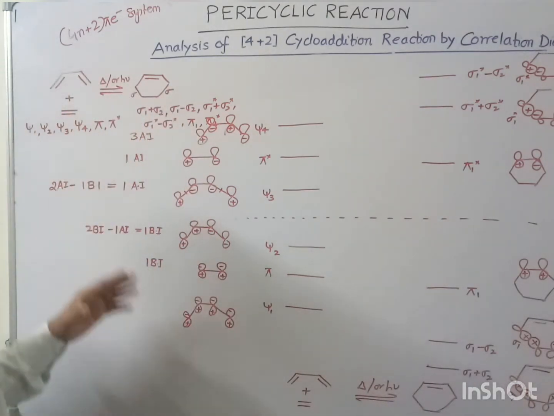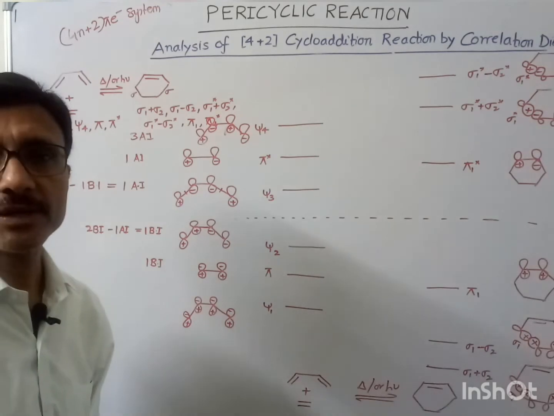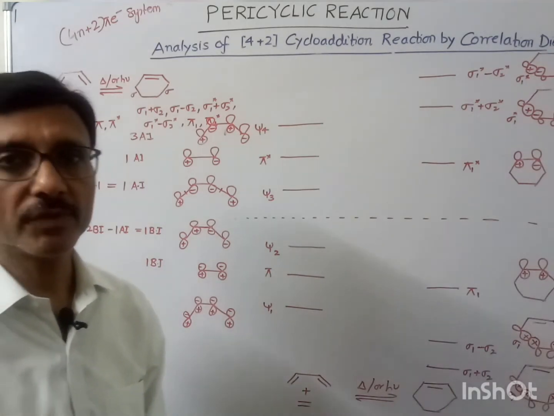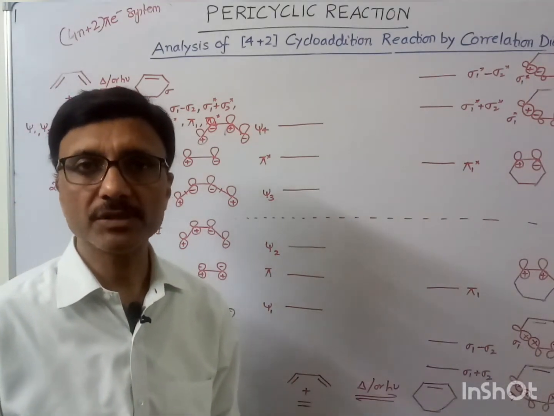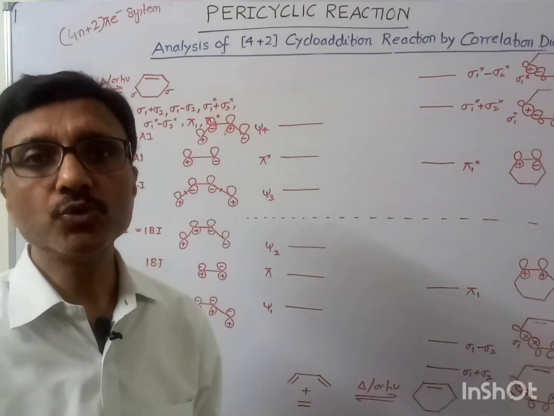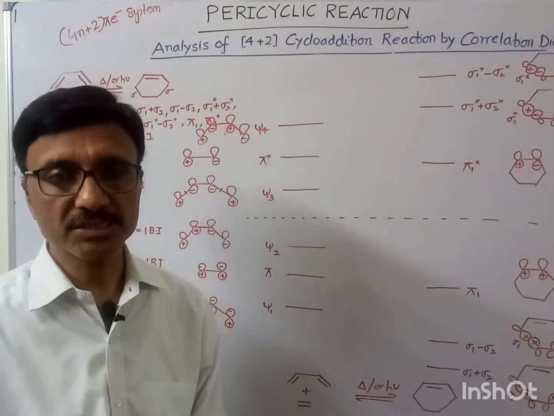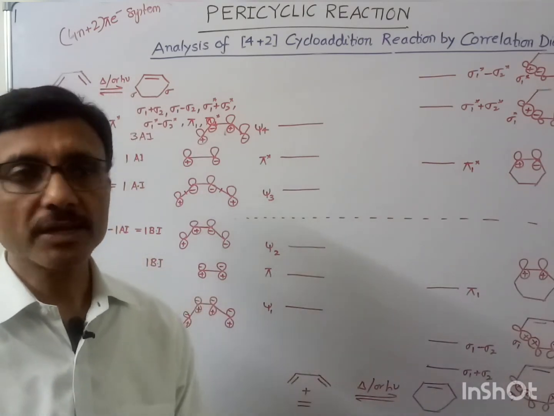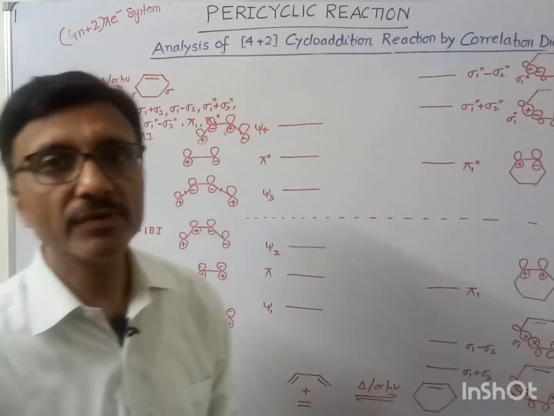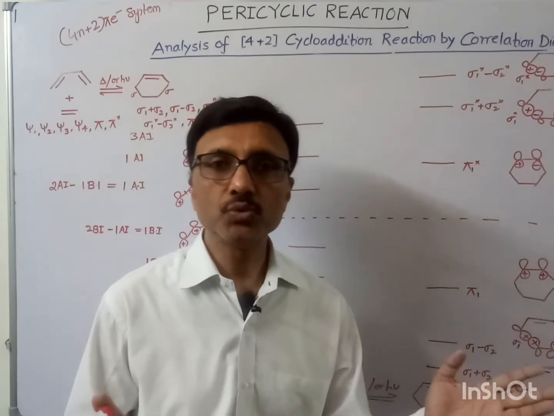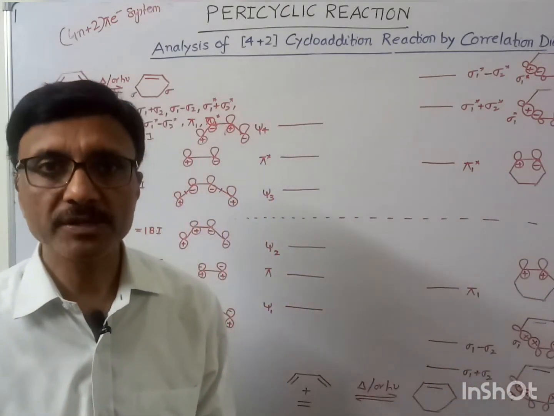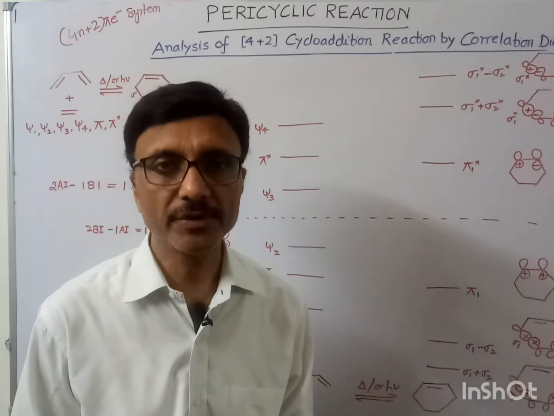But here, usually in pericyclic reactions we talk about two types of symmetry. One is the mirror plane symmetry, another one is the C2 symmetry, or rotation axis, like in electrocyclic reactions.